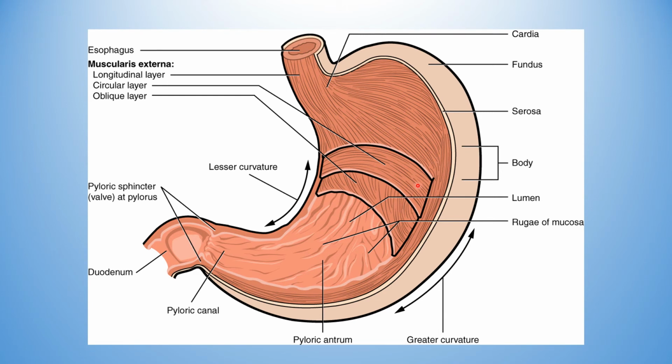So there's 3 different layers of muscle in the stomach that allows for this churning. So as the food comes down, it can kind of hold the food up here in the fundus area. The food is going to come down here. You're mixing it with the gastric juices, forming that chyme, and you get these contractions that are going to start up here, move down to the pyloric area.